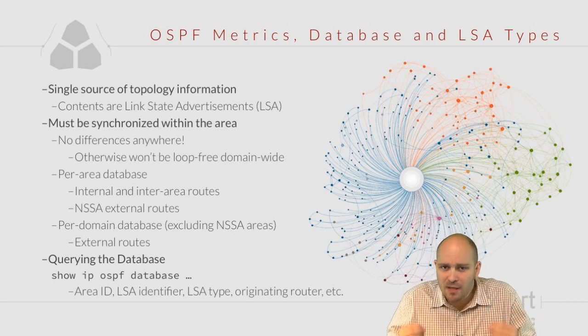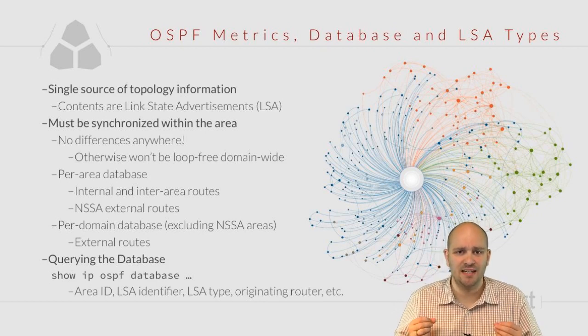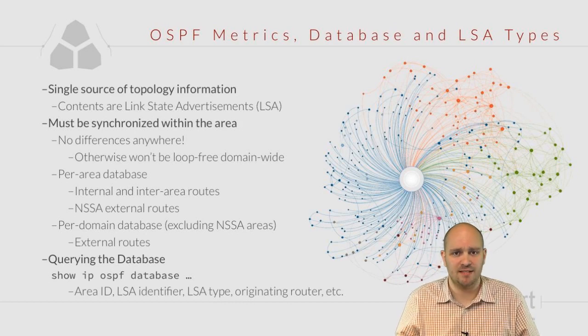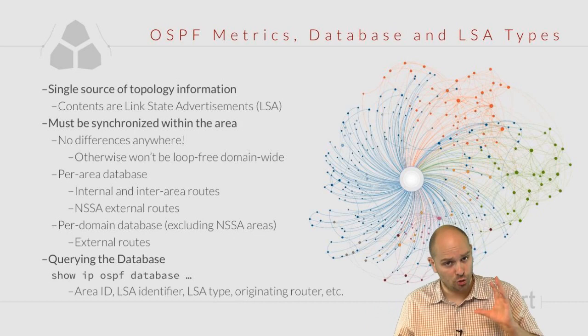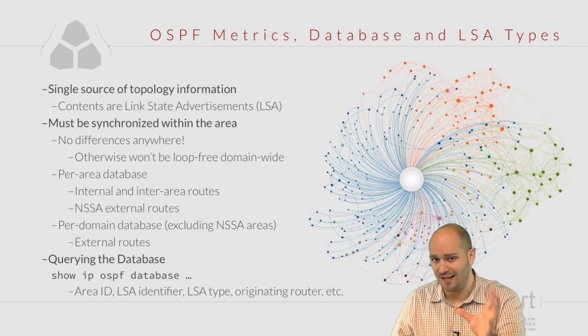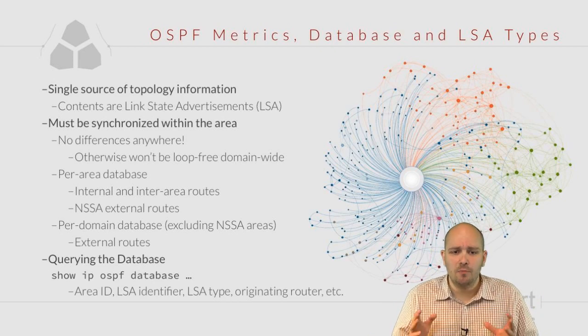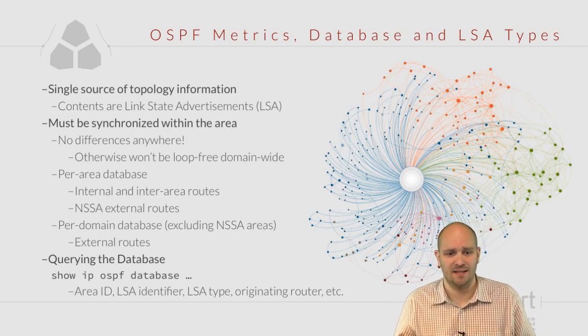Now, a fundamental concept in OSPF is the database integrity, or the database synchronization. The databases within the area on all the routers, those databases that are shared in that particular area, must be identical. There must be no differences anywhere in that database.